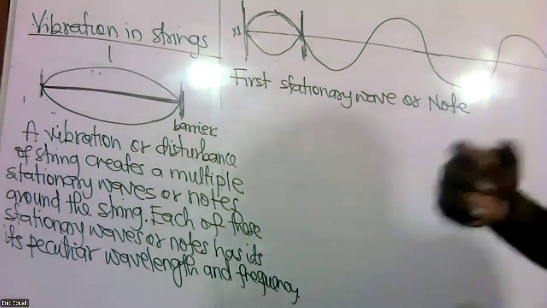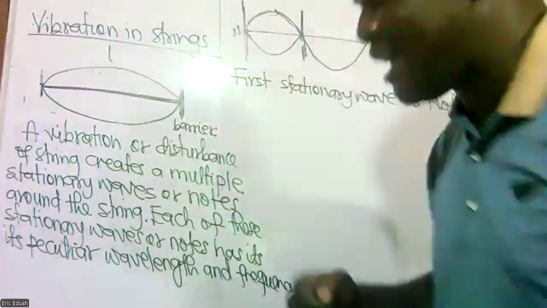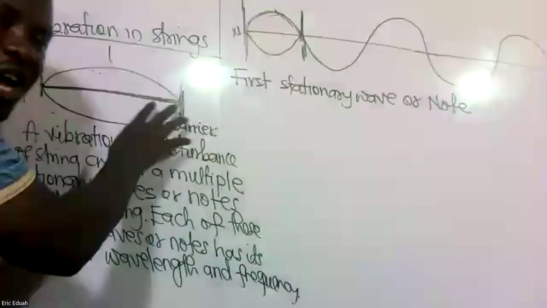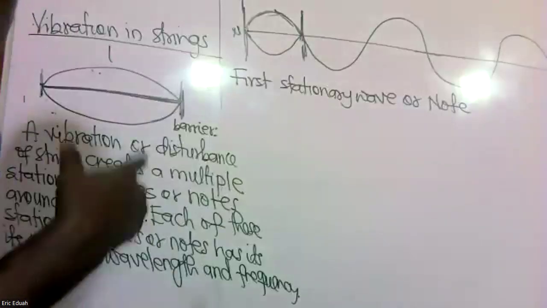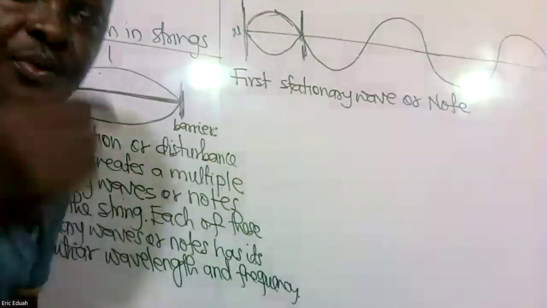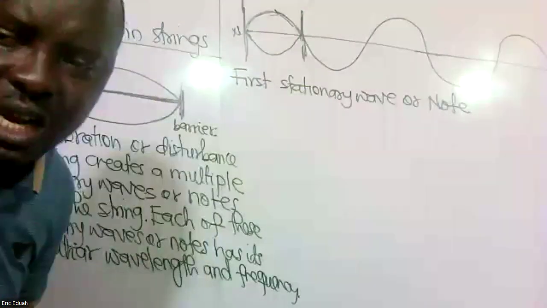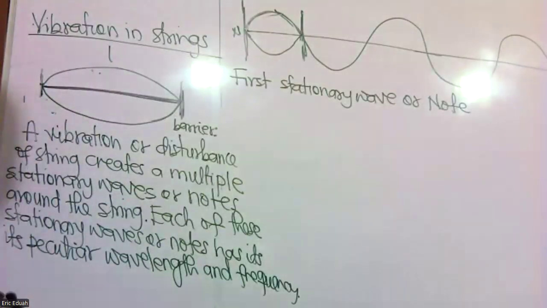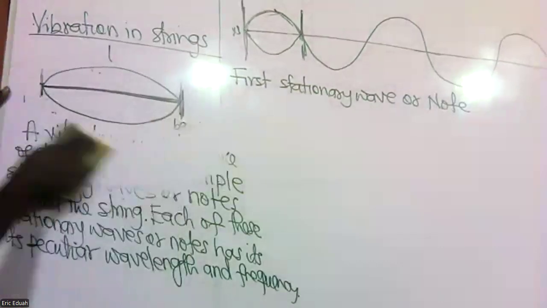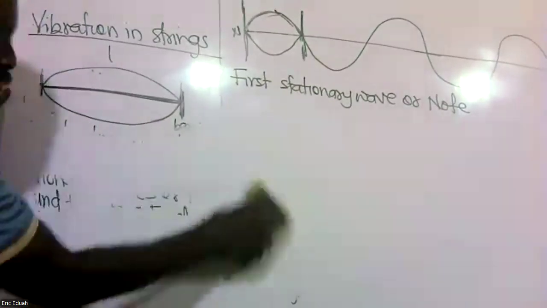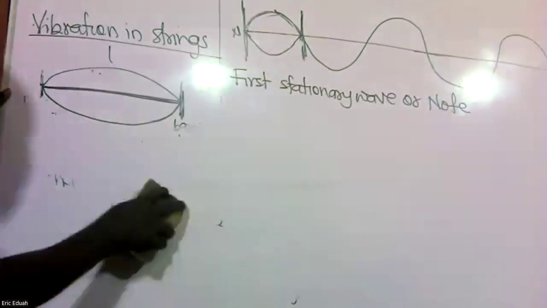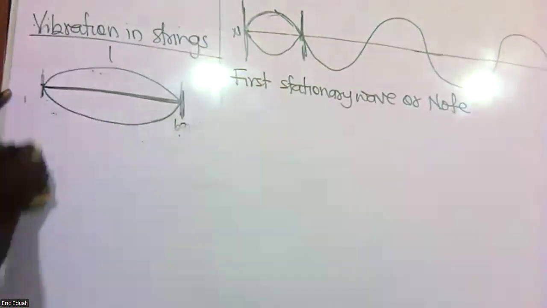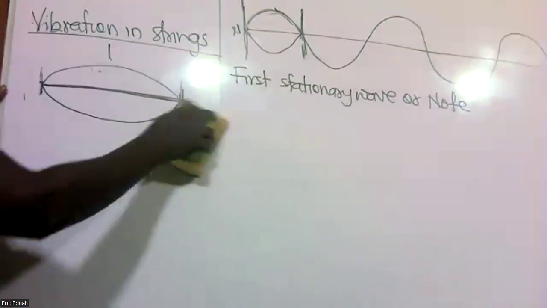When you draw the possible stationary waves, you look for the special wavelength and frequency which will form each one of them. Please, the nodes are also known as the stationary waves.